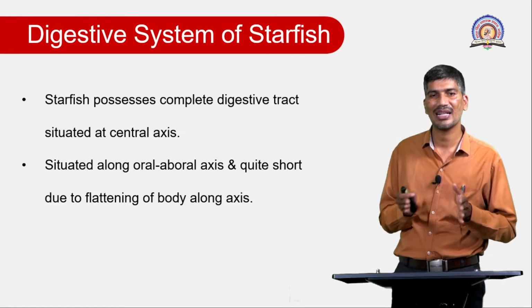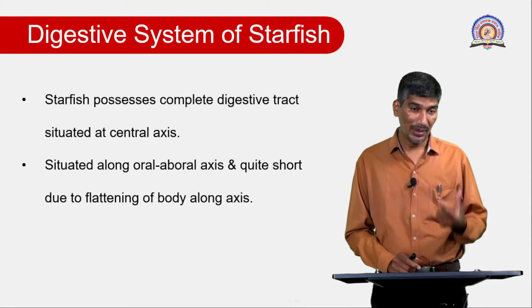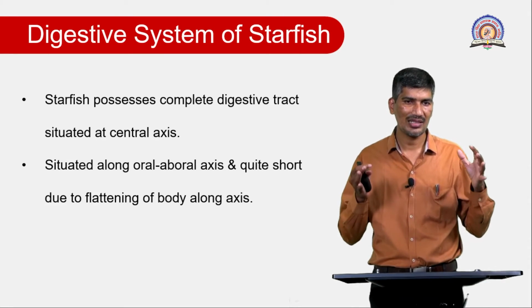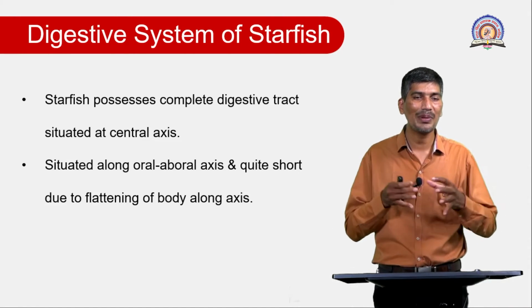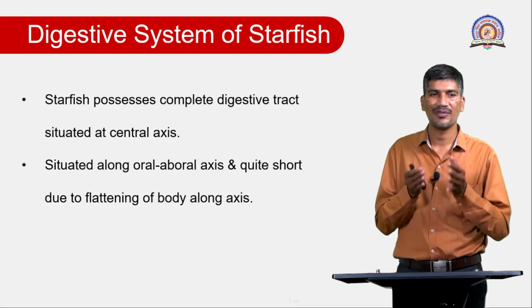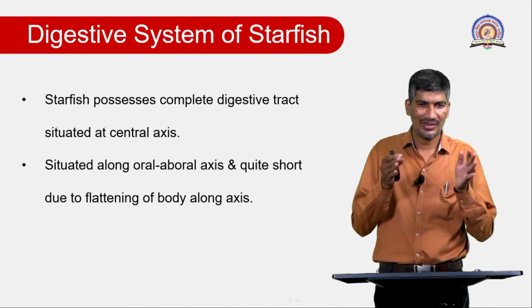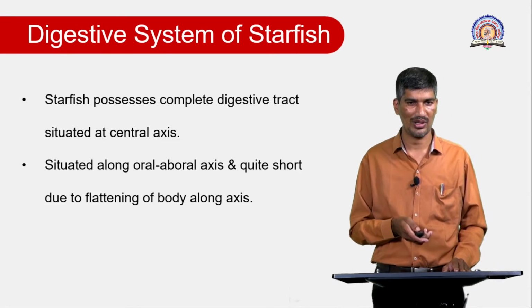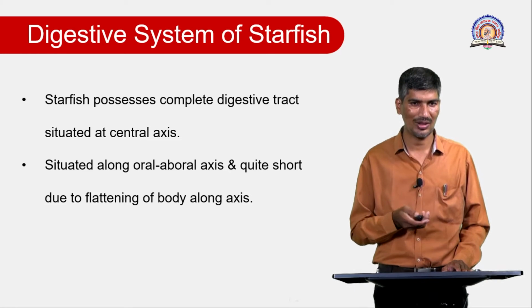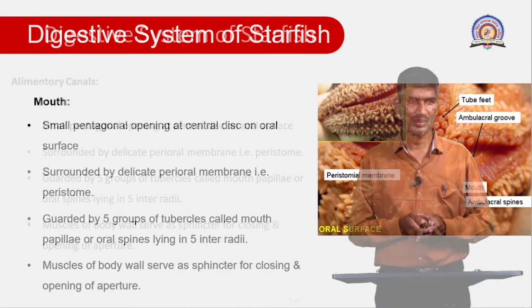That means we consider it the oral axis and the aboral axis. This digestive system is completely enclosed in the body of the starfish, along the elongate axis of the whole organism.